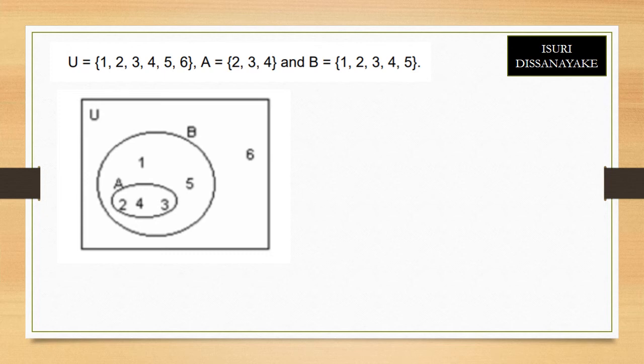Also there is a main set called U, which has 1, 2, 3, 4, 5 and 6 as its elements. What I have done here is I have drawn set A inside set B and set B inside this main set U. So I can call set A a subset of set B.